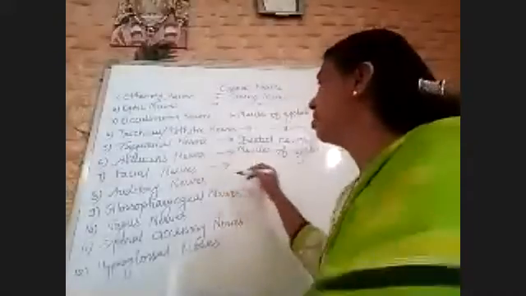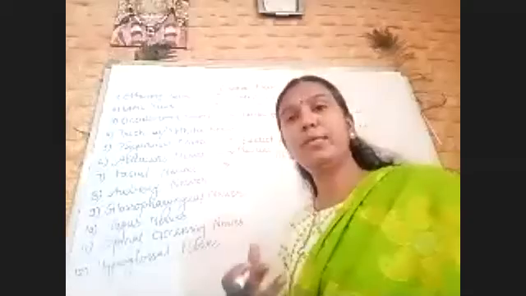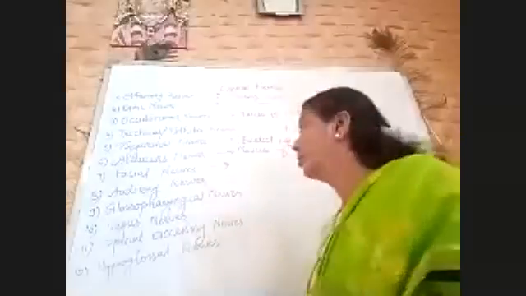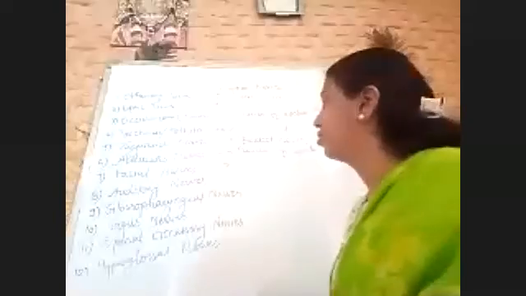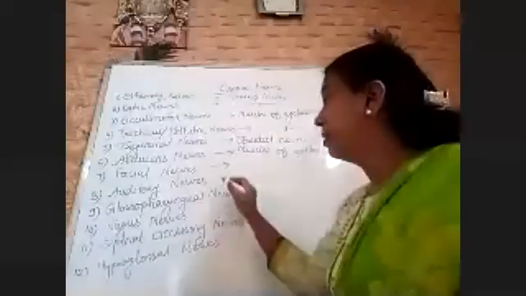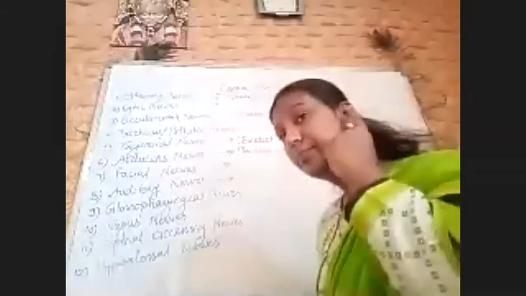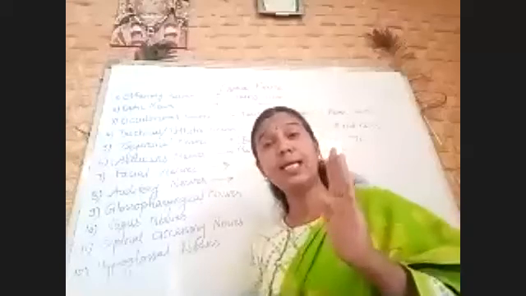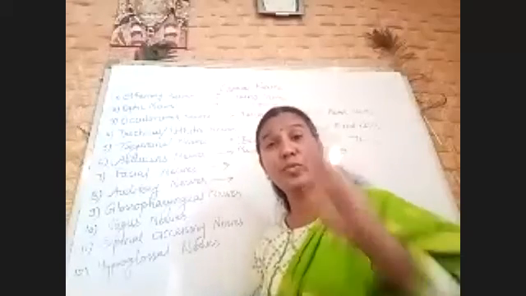Then facial nerve, that is present in the face. Whatever expressions we do in the face, for that this facial nerve is responsible. Okay. Then auditory nerve. This auditory nerve, it is present in the internal ear and it is responsible for two functions.